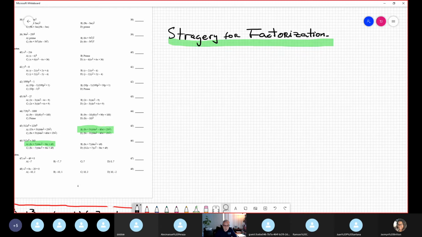The first thing you should do, step one, is determine the GCF, always. Some people forget that part and try to go directly to trinomial, binomial. Not good, because you are working with the horrible trinomial. The GCF simplifies the thing. And you factor out.